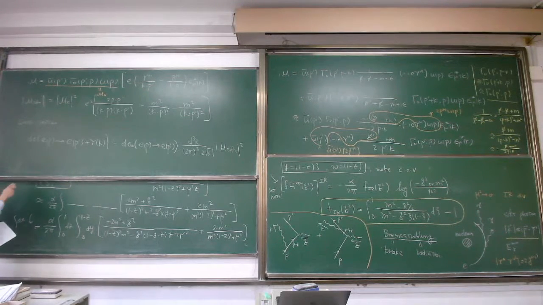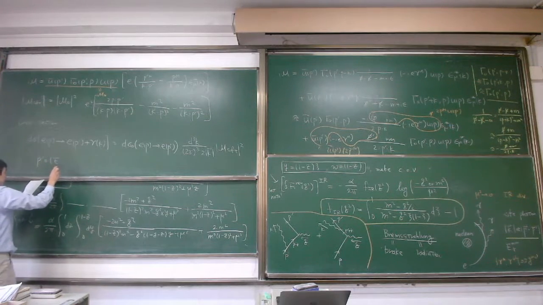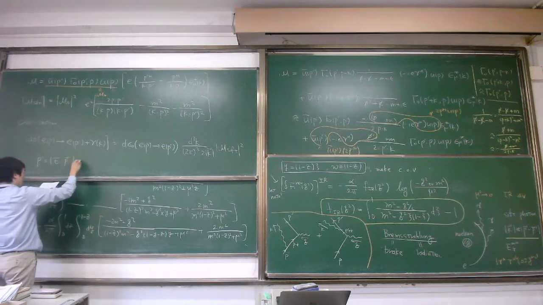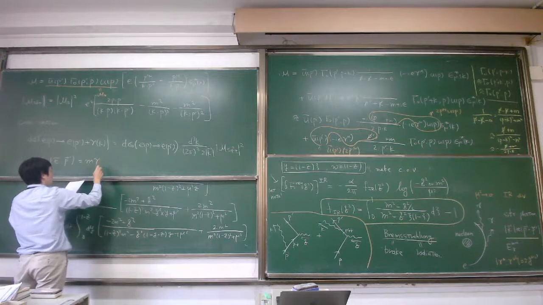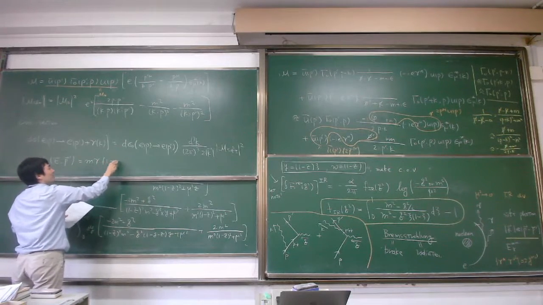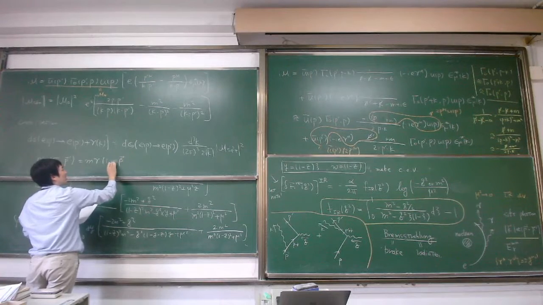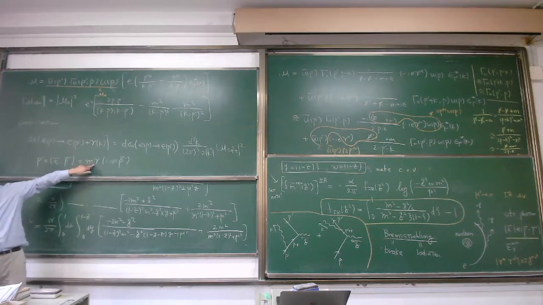So what we have is P prime is equal to E times P, M gamma, beta. Sorry, too many gamma. So this is the relativistic gamma. In special relativity, you have a gamma and beta.